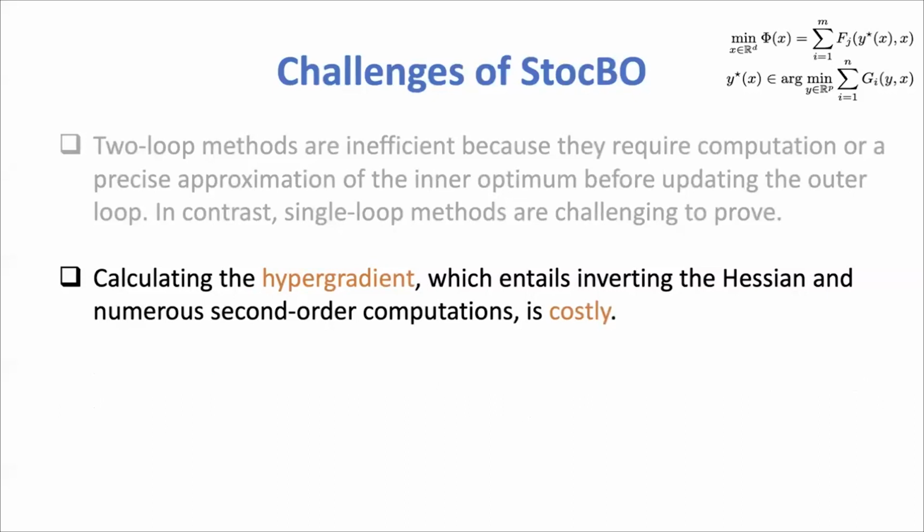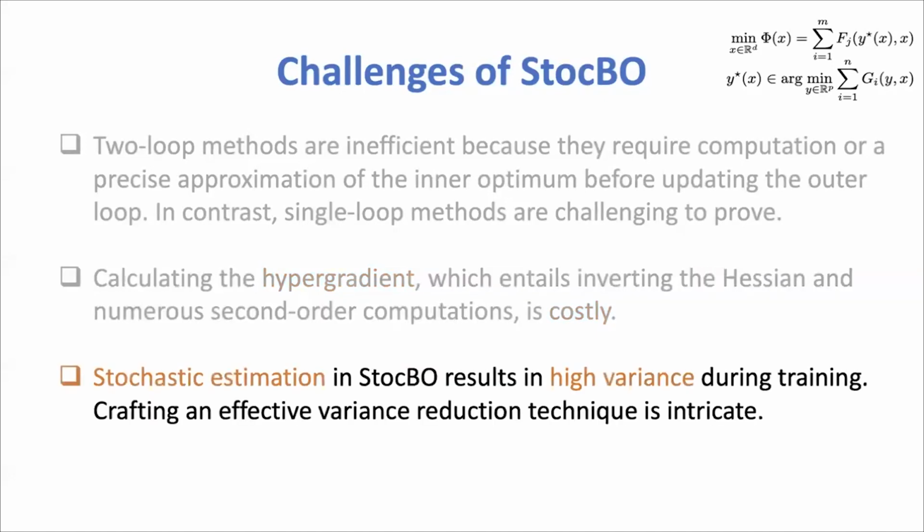And it also involves numerous second-order computations, which is very costly. The last challenge involves the stochastic estimation in SBO. It will result in high variance during the training step. However, designing efficient variance-reduced methods is very, very difficult.